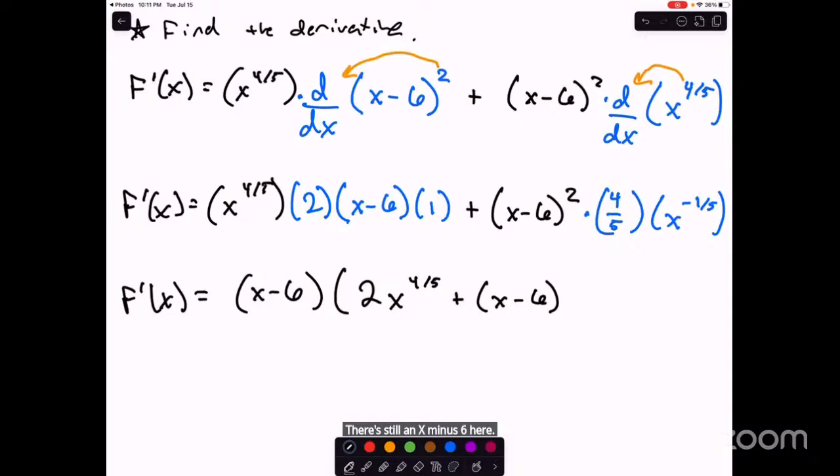Can't get anything else. We could factor out a 2, maybe. We got this 4 over 5. And that negative exponent really means it's 1 over x. I'm going to leave it as x to the negative 1 over 5 for now. Okay. I'm trying to see if I can simplify this down at all.